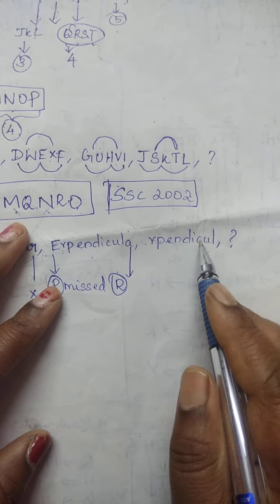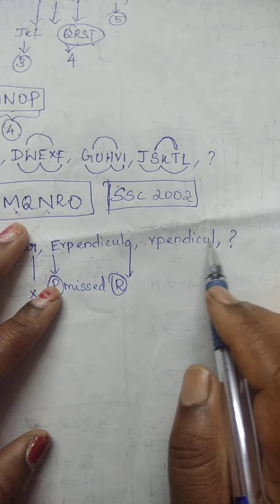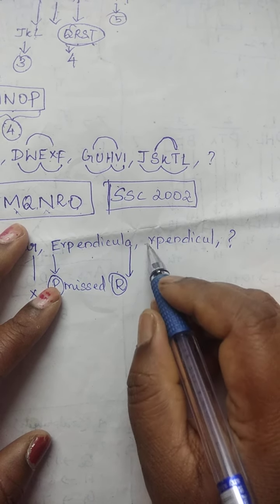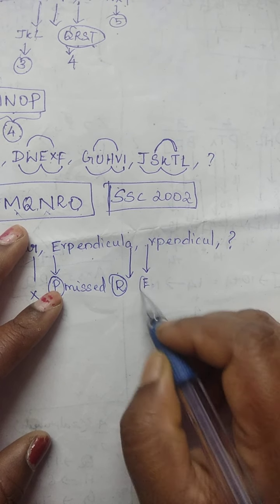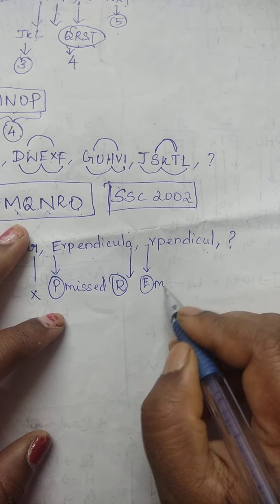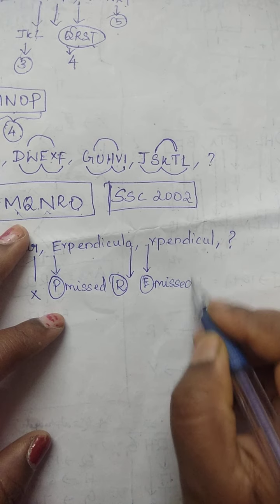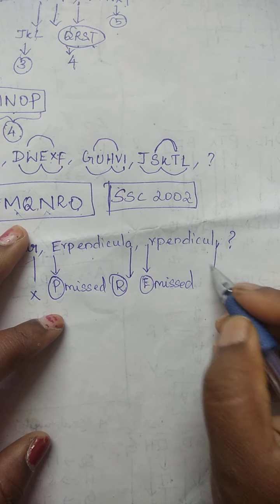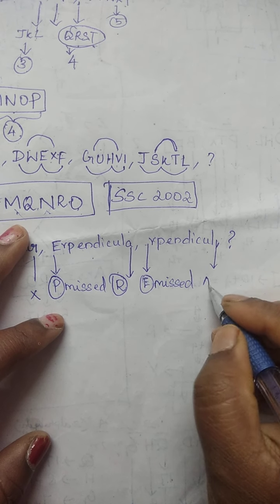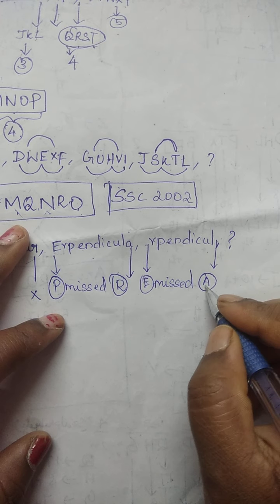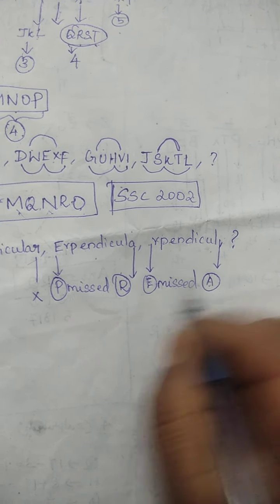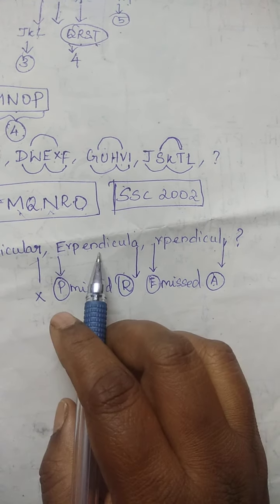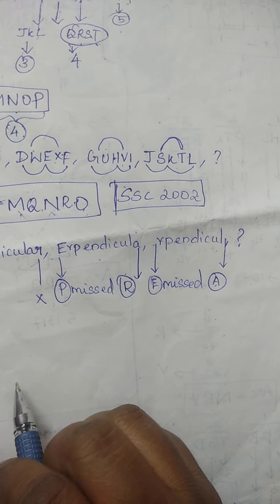D, I, C, U, L all are present. But here E is missed. Then A is also missed. Okay, by comparing the adjacent terms we have to find the answer.